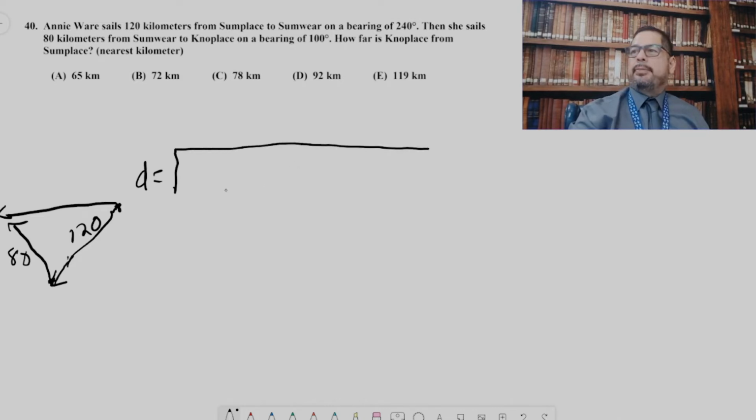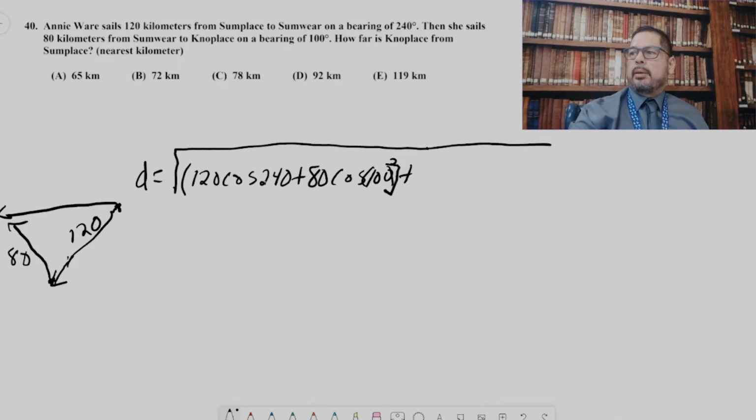We're going to have, the first one was 120 kilometers cosine of 240 plus the second one was 80 kilometers cosine of 100, and that quantity squared, that's one side of your right triangle, plus, and we do the same thing for the y components.